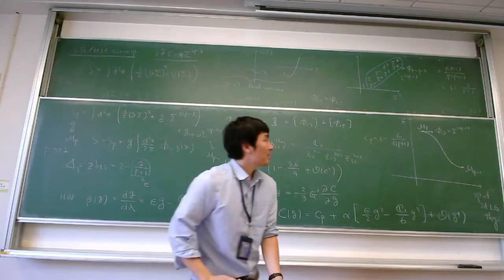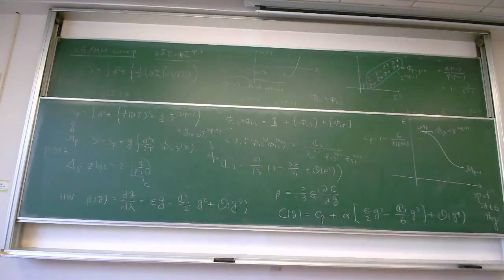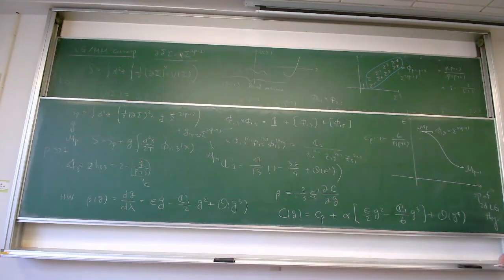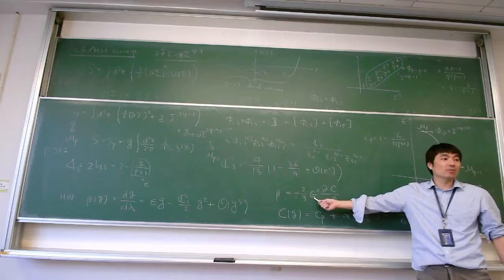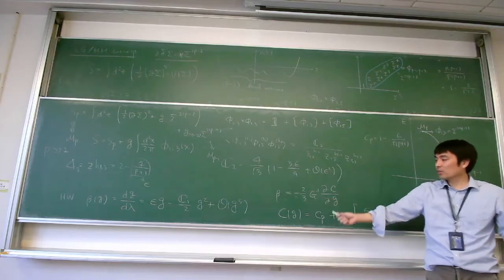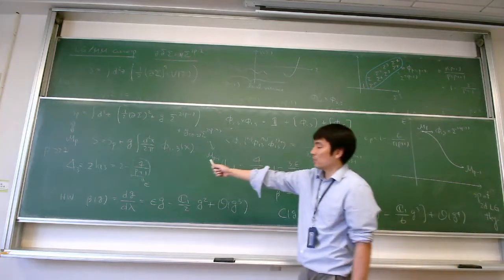Yeah, it's correct. So you start with C_p, and under renormalization group flow, the C becomes a function of the coupling constant G. And now if you use this Zamolodchikov gradient flow equation, we don't know the Zamolodchikov metric yet, but we just consider this is just a constant and plug this one into here.